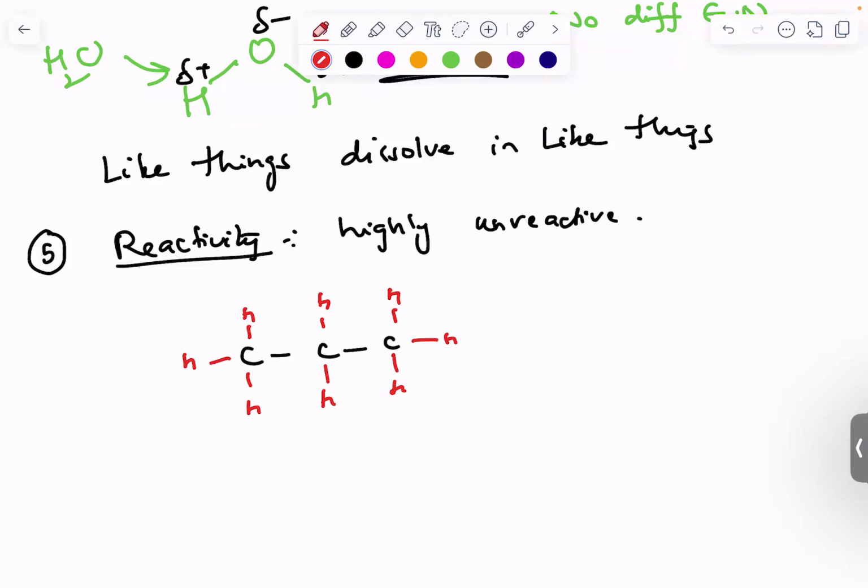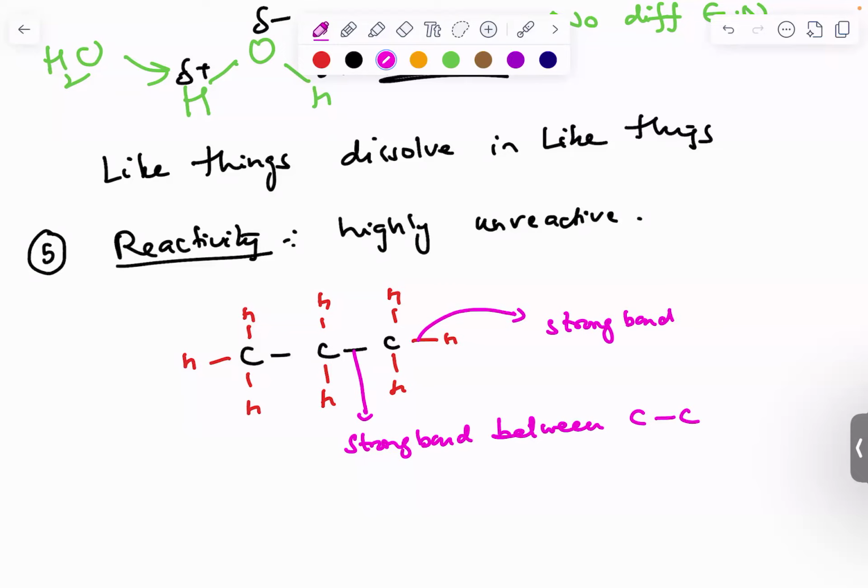Anyway, still, I'll tell you that alkanes are highly unreactive because of the strong bond between carbon and carbon, and there is another strong bond between carbon and hydrogen. So the carbon-hydrogen strong bond and carbon-carbon strong bond make the alkanes highly unreactive.